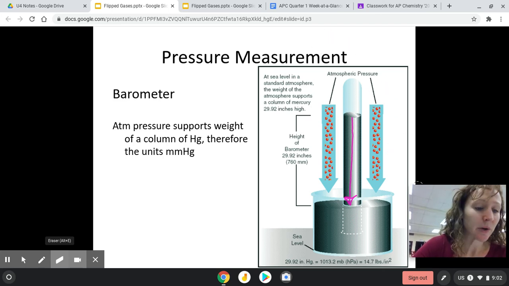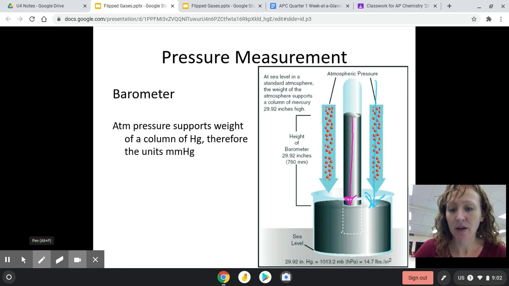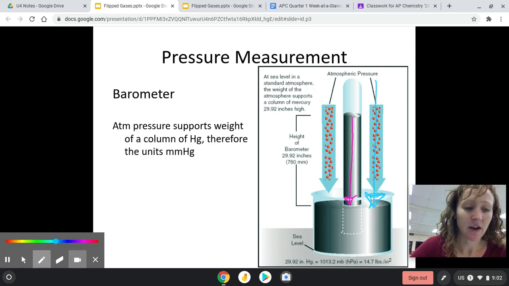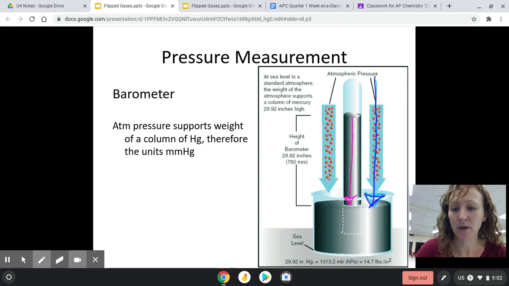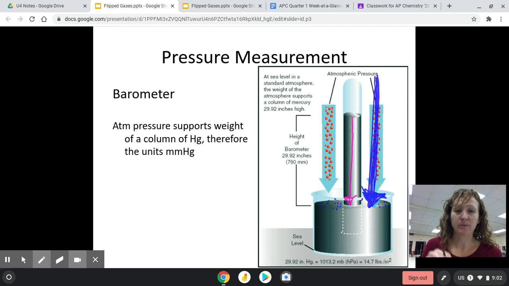And with atmospheric pressure, all of these little molecules are pushing down on the surface of this bowl. This bowl of mercury is open to the atmosphere. And so gas molecules can strike anywhere on this surface, and all of those strikes are going to create atmospheric pressure.